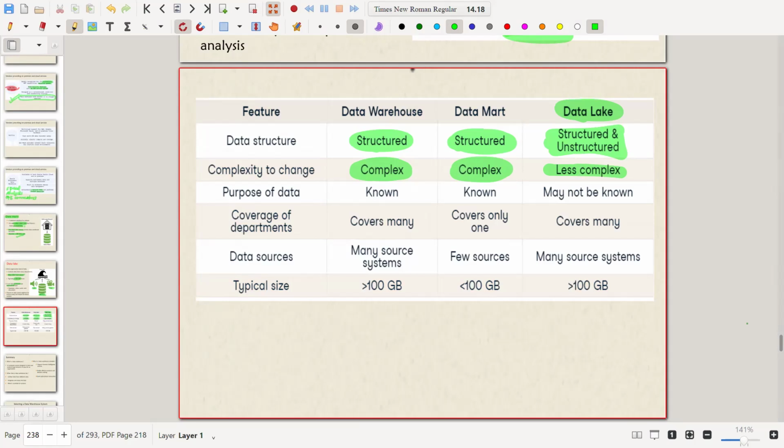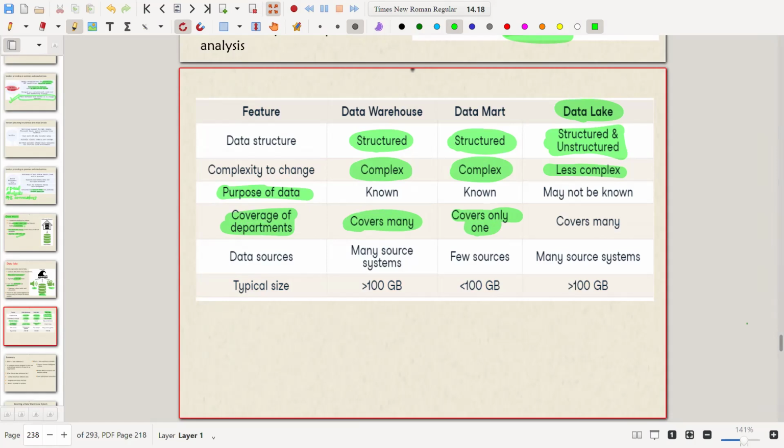Purpose of data, this is simple. Coverage, yes, coverage of departments in your organization. Maybe a data warehouse covers many, we already know. Snowflake covers many different nodes. However, a data mart focuses on only one or a few, like finance, or only management issues.